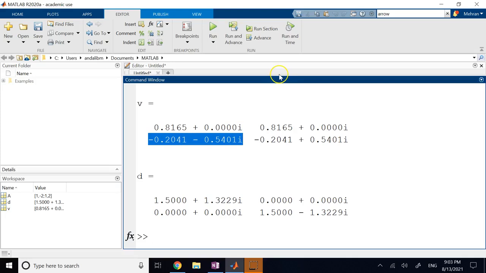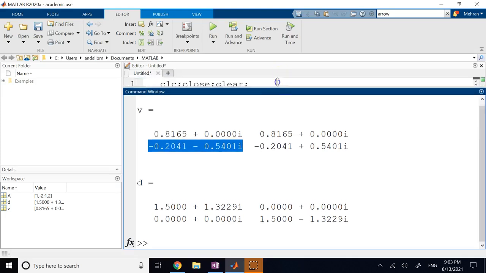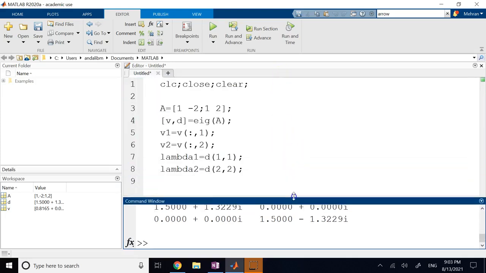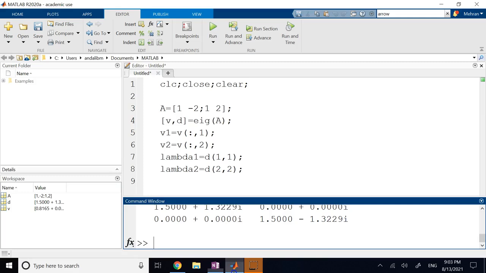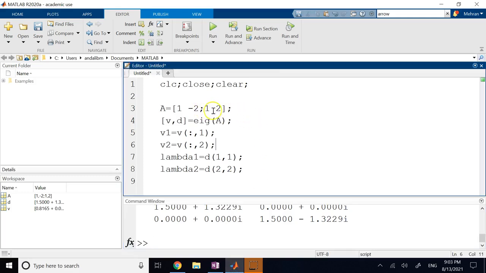So there is no guarantee that the roots of the characteristic polynomial, which is an nth order polynomial, are always real numbers. They could be complex numbers. But this tells me that if it is symmetric with real numbers, then definitely eigenvalues are real. So if I go back here, and this is 1, -2, correct?